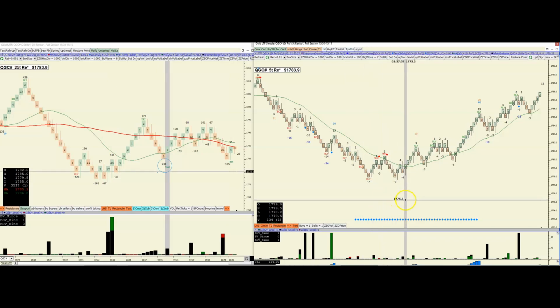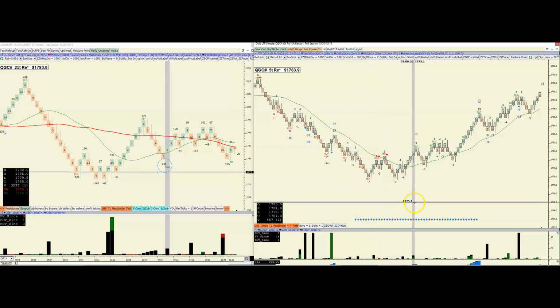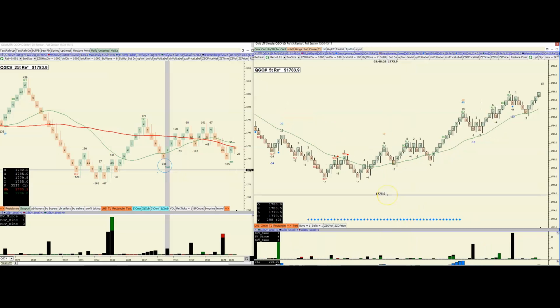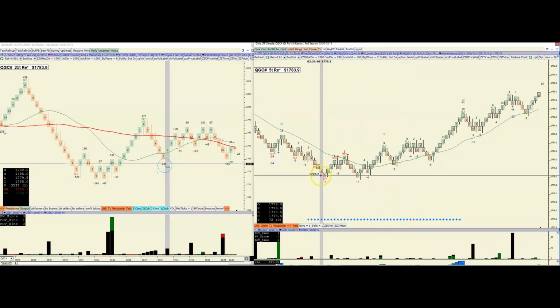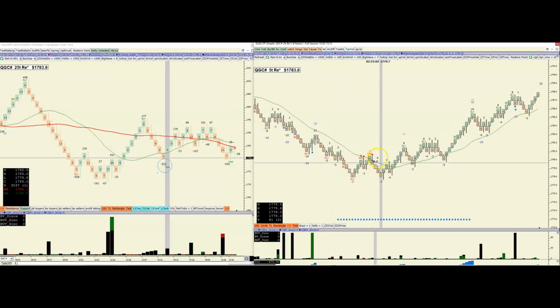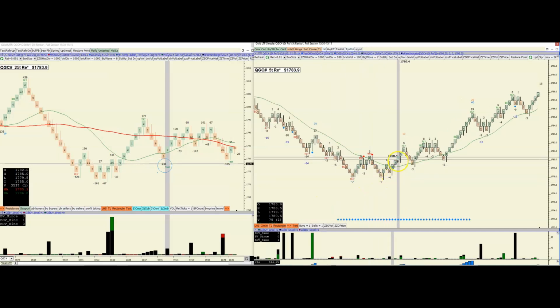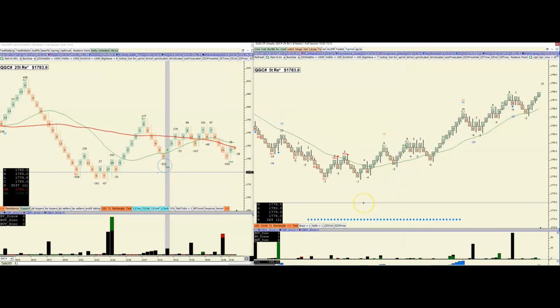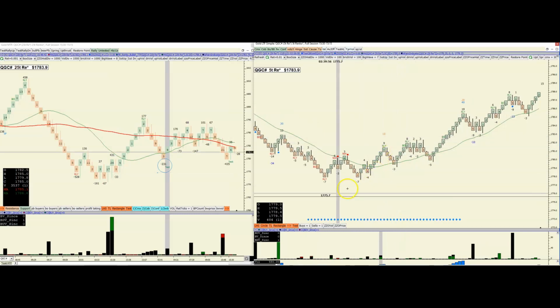There's no climactic action, at least that I can see. After that, you have this buying wave. This buying wave is the biggest buying wave in 19 waves.